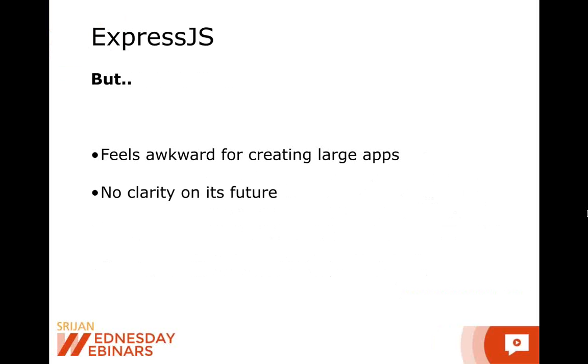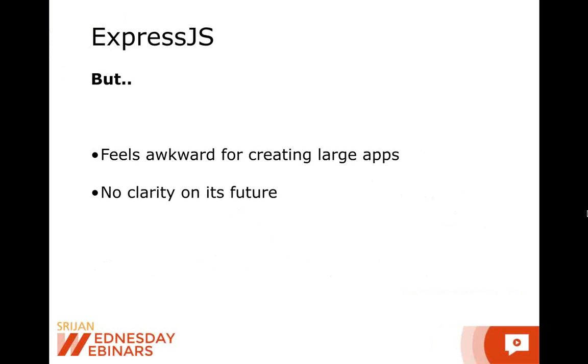Then there is no clarity on its future. Its lead maintainer TJ actually handed over Express to a company called Strong Loop. Strong Loop actually maintains one framework which is known as Loopback, which is one of its core products.